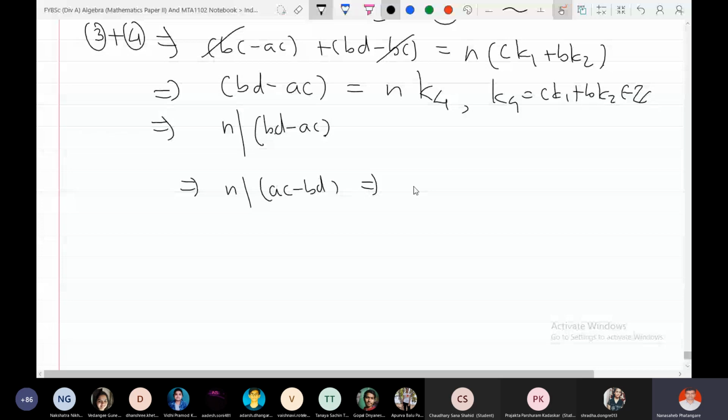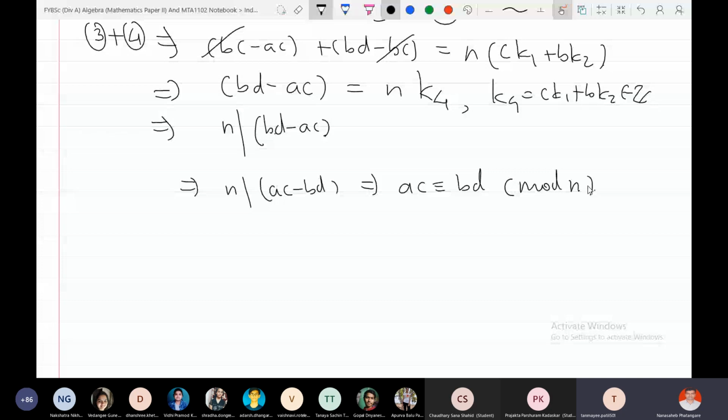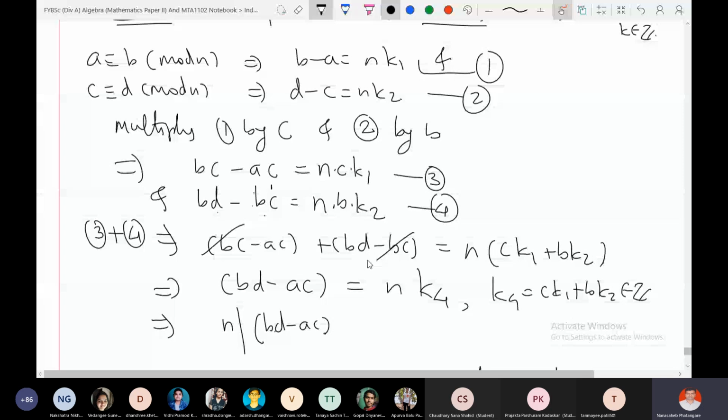AC is congruent to BD modulo N. So this is what we expected. Therefore, if A is congruent to B and C is congruent to D modulo N, then we can multiply these congruences.